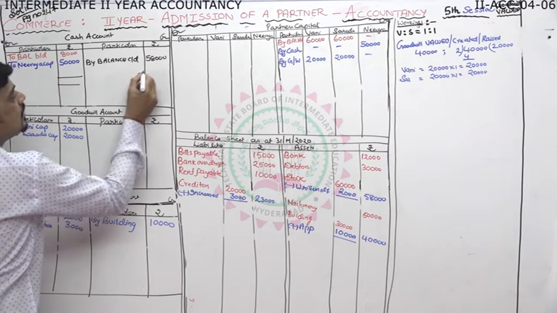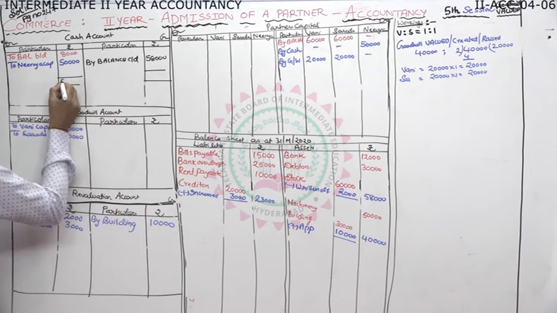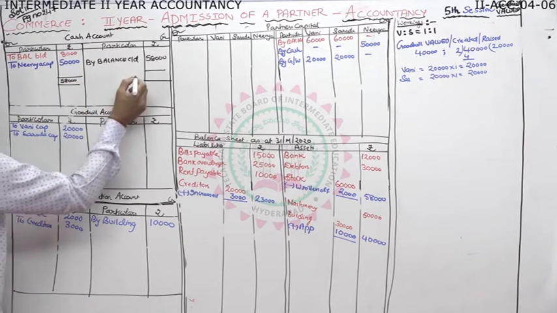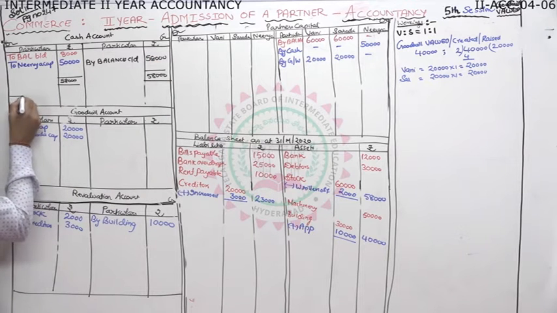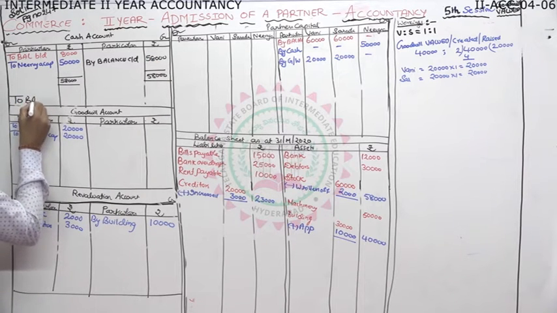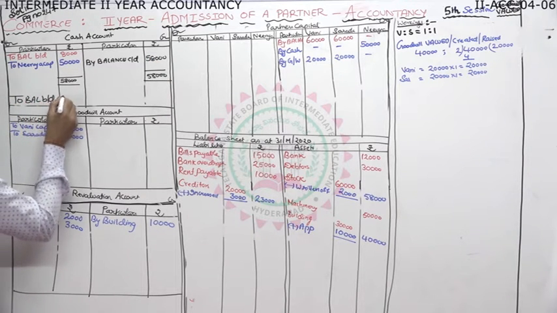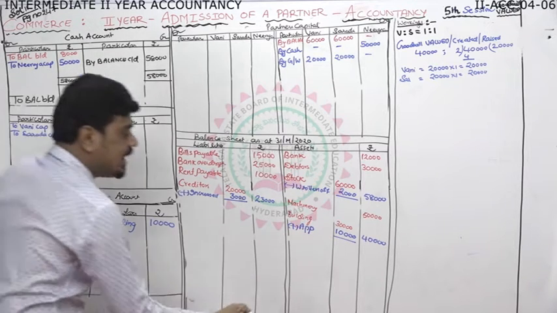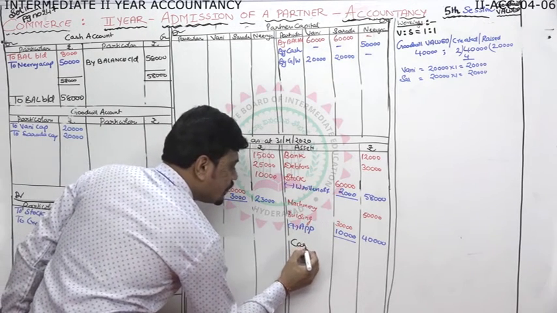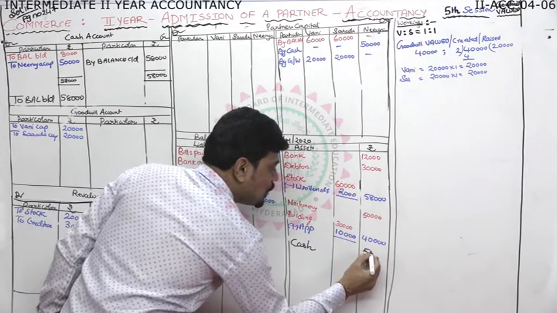You can close here with 58,000. Cash shows debit balance. You know the rule of real account. So to balance brought down 58,000. Cash is an asset. So we came to asset and new balance we wrote 58,000 here.